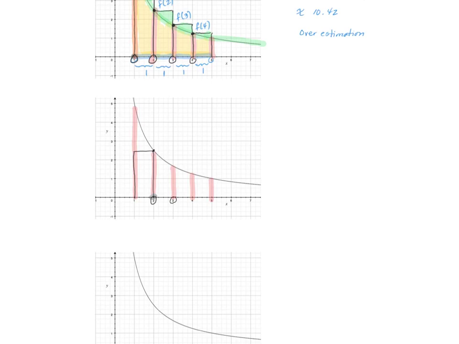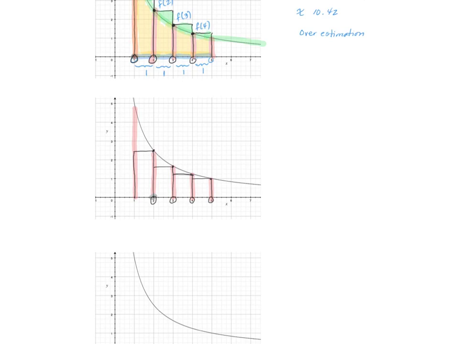Then I'm going to look at 3, which is the right endpoint for this next interval, go up to the curve, draw my horizontal line and come down, and then 4, go to the curve, come across, and then my last rectangle, go up to the curve and come across.